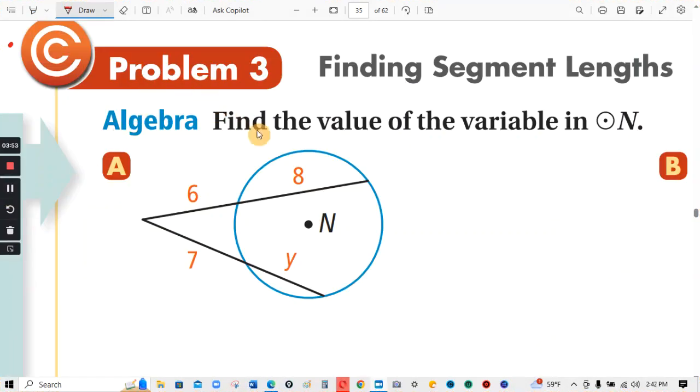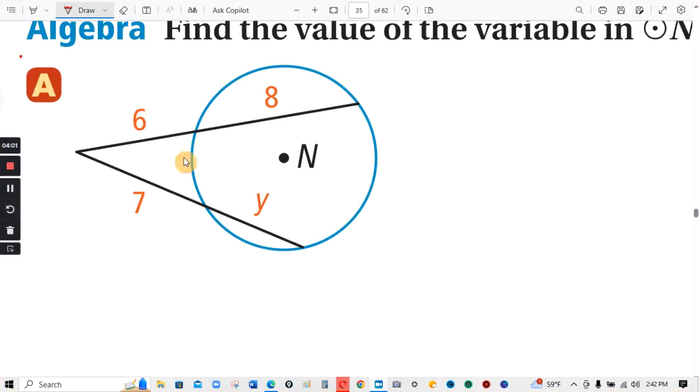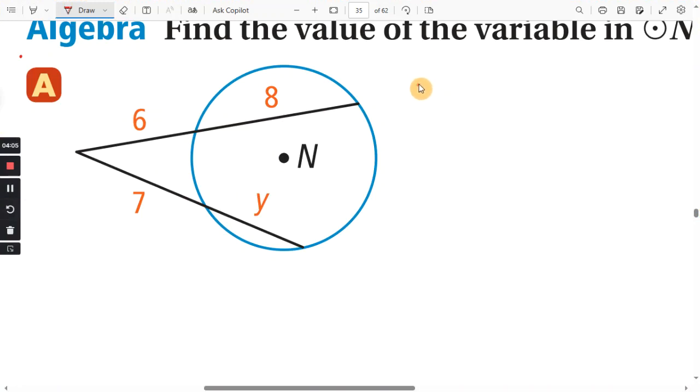All right, problem 3, find the value of the variable in circle N. Let's take a look. All right, so right here you can see that we have two secants.